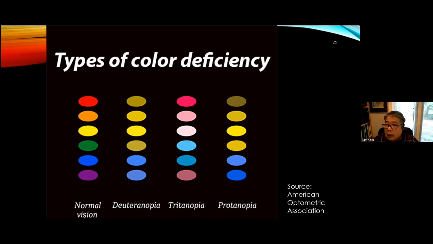When I was judging, I was advising one of the exhibitors to very prudently use color, because he uses red to highlight something, and then he uses green to highlight something, and then he uses blue to highlight something. Do you know what percent of men are colorblind? 1 in 7.